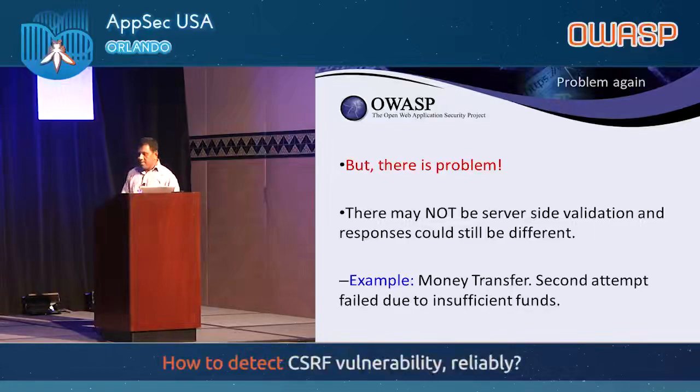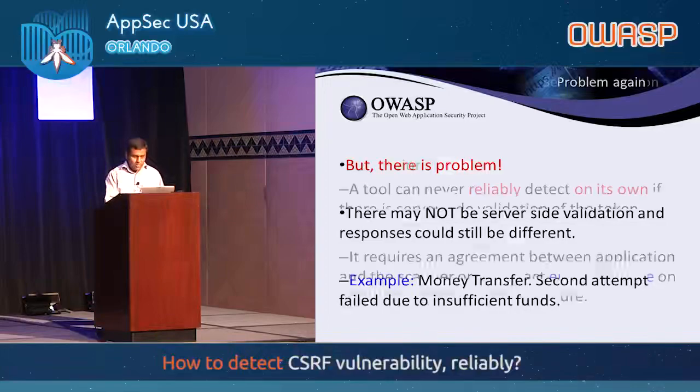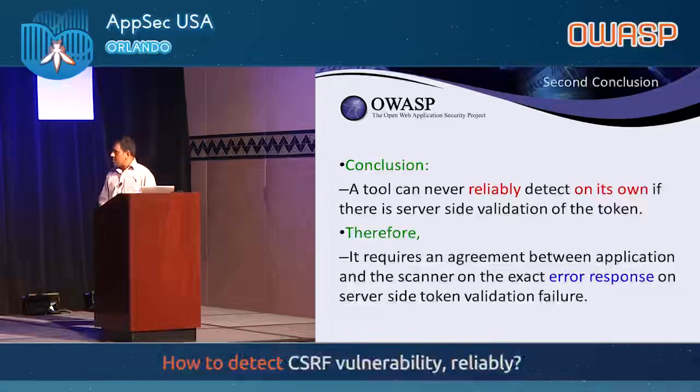The problem here is that the tool is trying to infer CSRF validation errors based on the response, and that response is a mix-up of CSRF token validation and business logic. There is no way the tool can distinguish between the two responses, and that's the reason why this will fail. So we make one more conclusion: a tool can never reliably detect on its own if there is server-side validation of the token or not.